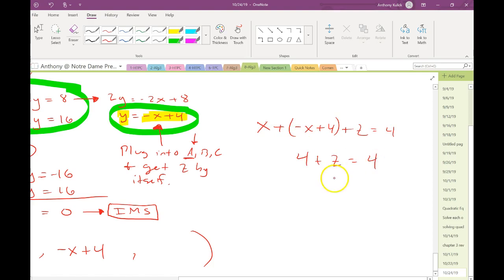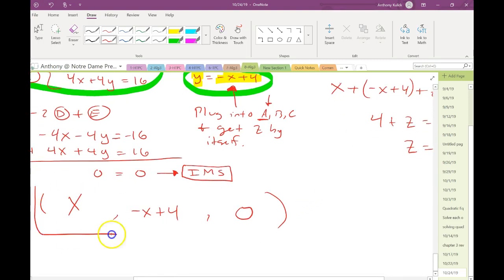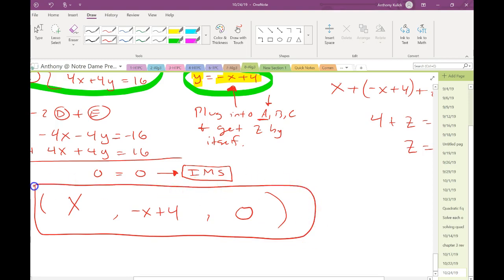And when I subtract 4 from both sides, I get z is equal to 0. So in the z spot of my answer, I'm just going to write 0. So my final answer here is x comma negative x plus 4, comma 0.